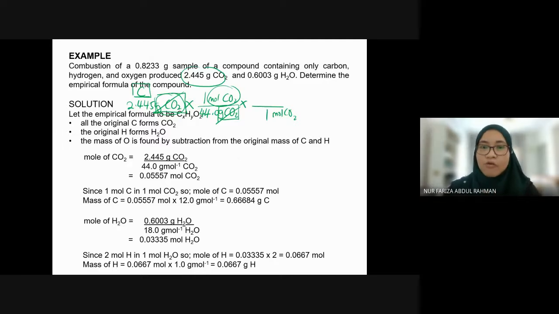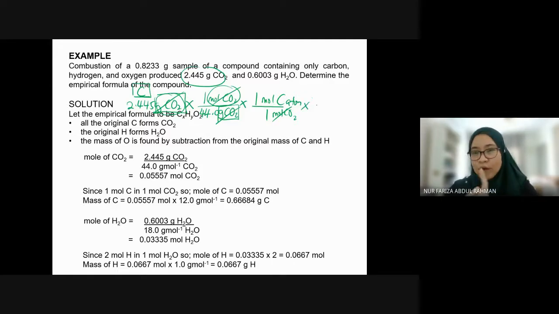That's why you need to know what you want. This relationship is still correct; we are not making up something. So mole carbon dioxide, mole carbon dioxide. This is only in mole form, but what we want is in mass.